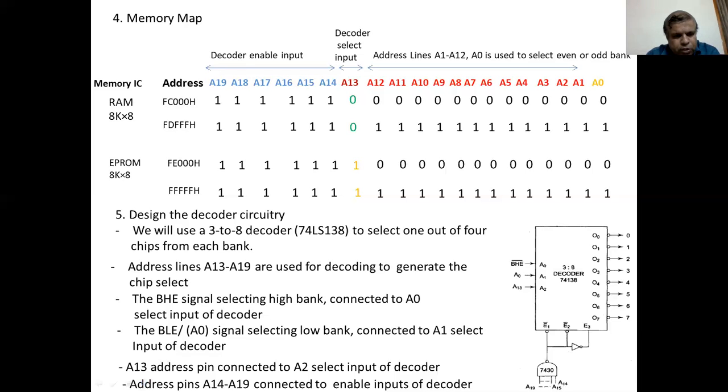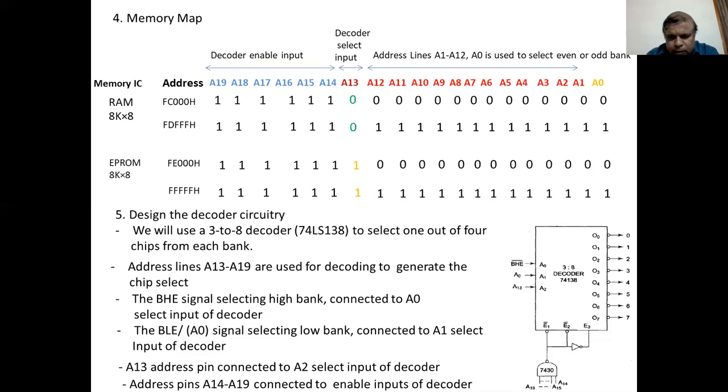And see address pins A14 to A19. A14 to A19 are connected to the enable inputs of the decoder. How? Through a NAND gate, because you have to make E1 bar and E2 bar logic 0.